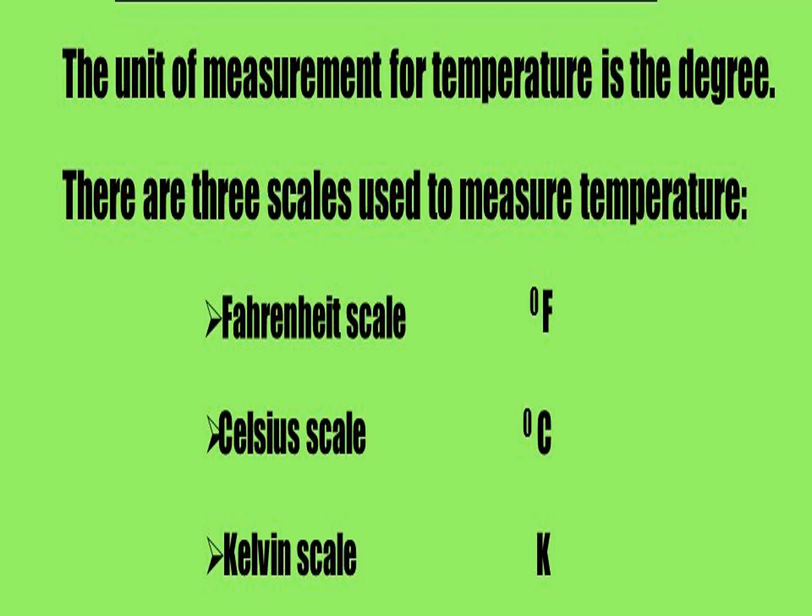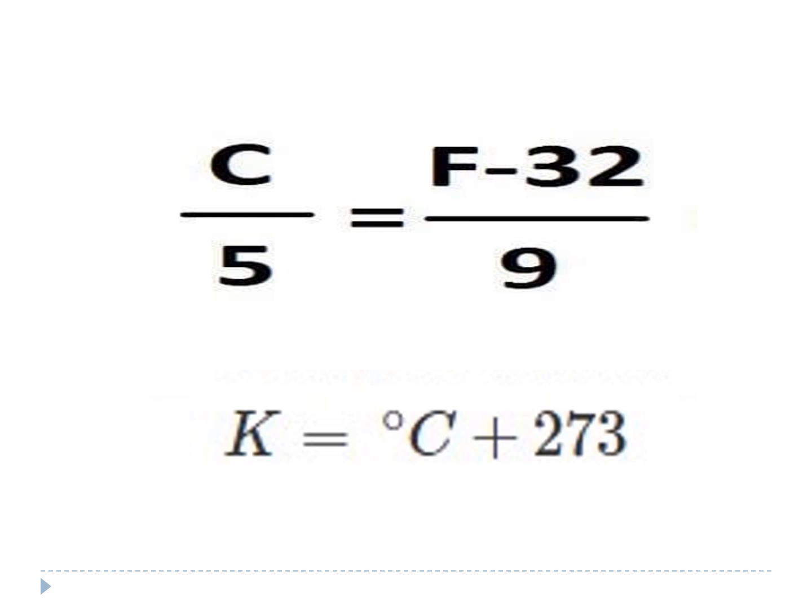Temperature is measured in units of Fahrenheit, Celsius, and Kelvin. And the relation between the three units can be shown by a formula. That is, C/5 = (F - 32)/9, where C is Celsius and F is Fahrenheit.